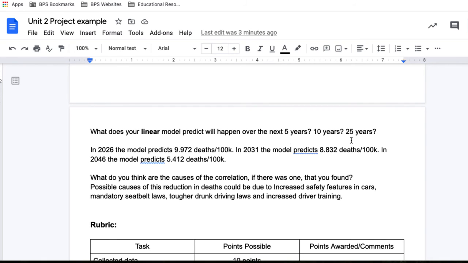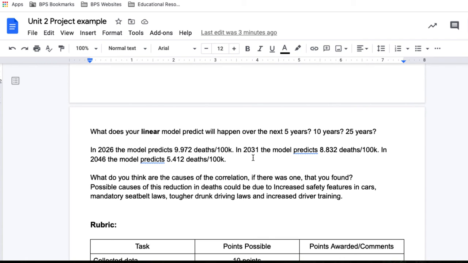5 years, 10 years, 25 years means we need to plug in the values for the year into our linear equation. So for 2026, I plugged in 76 for x into my linear equation because 2026 is 76 years after 1950. The model predicted 9.972 deaths per 100,000.